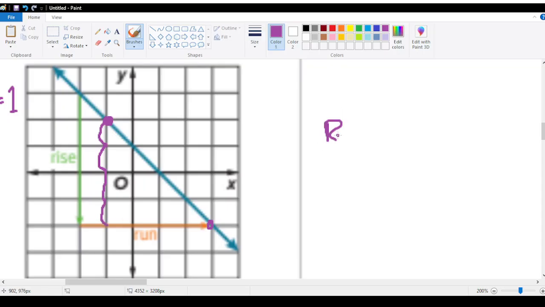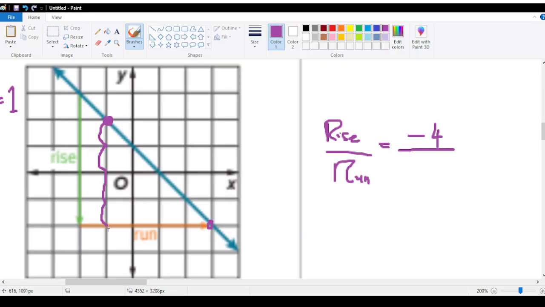That's right. So rise over run. Now Shamsa, because you go down, you will write the rise as -4. It's not plus. It will be positive if you go up, but now you are going down.